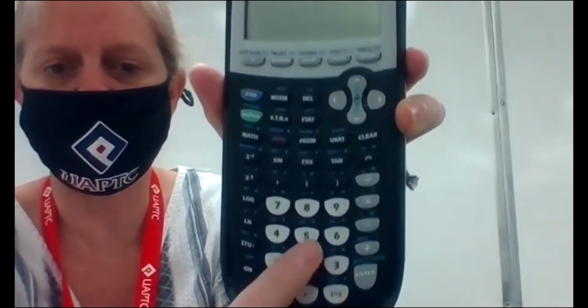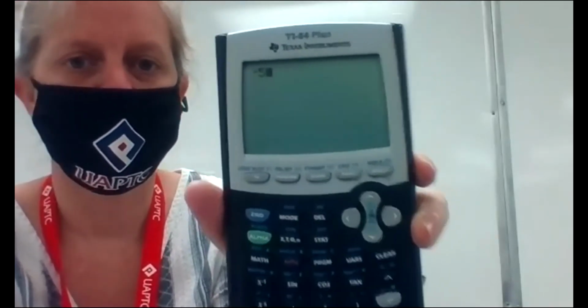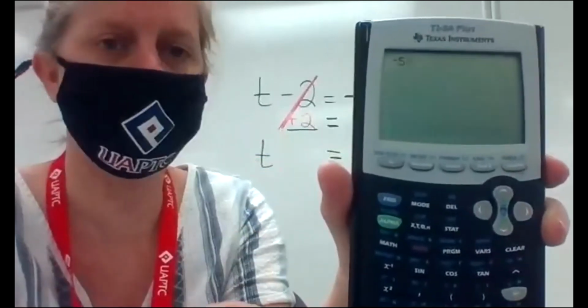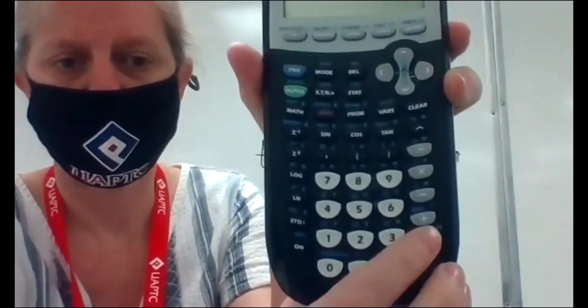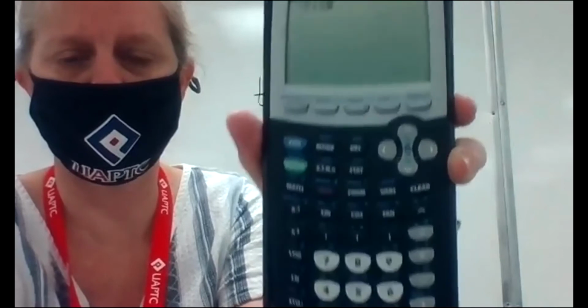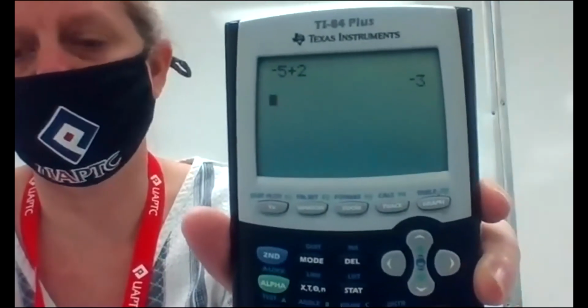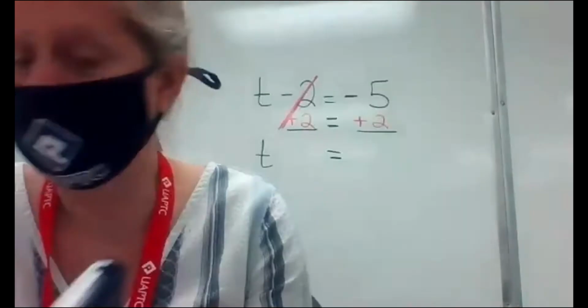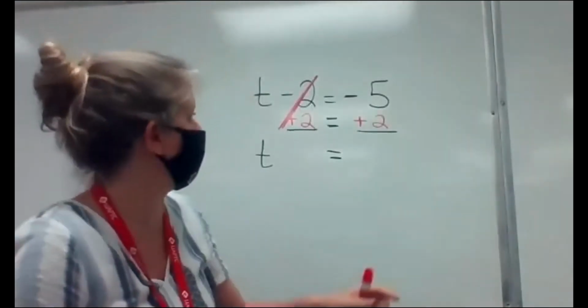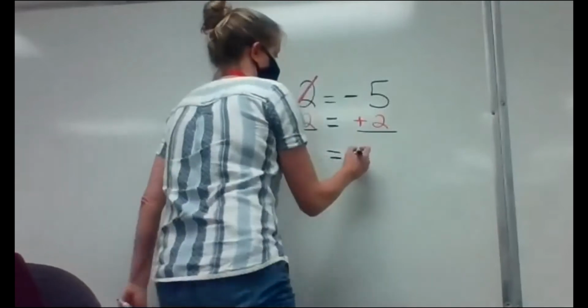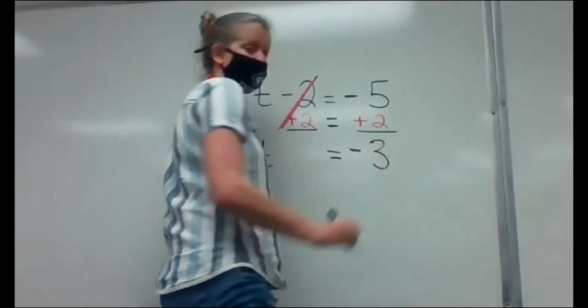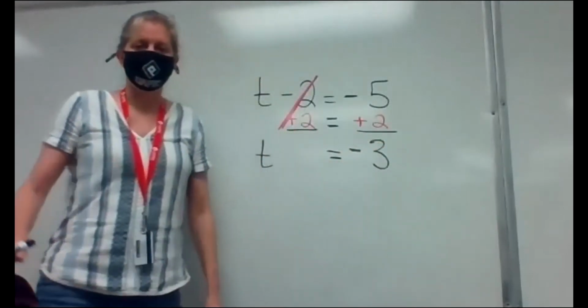So I need negative 5. And then what am I doing? Plus 2. Enter. And you'll see that you get negative 3. Again, just make this calculator do that work for you. Negative 5 plus 2 gives me negative 3, which is your answer.